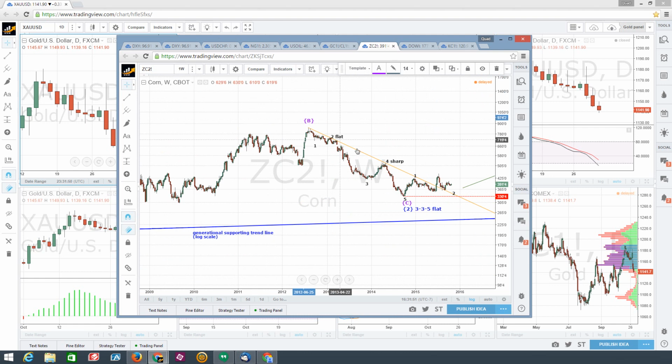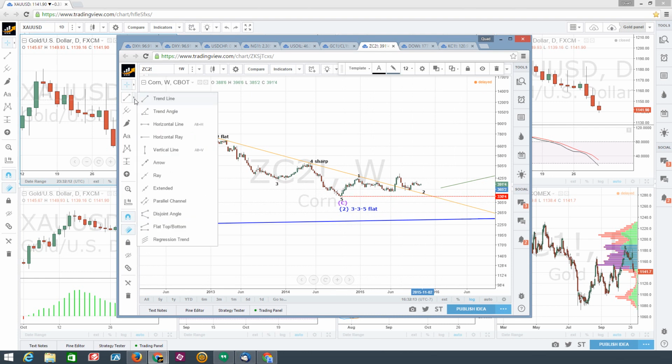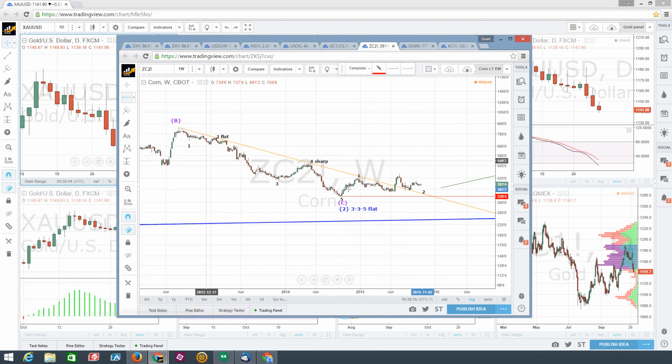So here's our wave B top. And it looks to me as though we've got wave 1, 2, 3, 4, and now 5 complete of C of 2. We've got an initial wave 1 up, and so far we're chopping sideways for a completion of wave 2, which may or may not be finished yet. I would say this top right here is a potential breakout point to the upside, right there at 454.